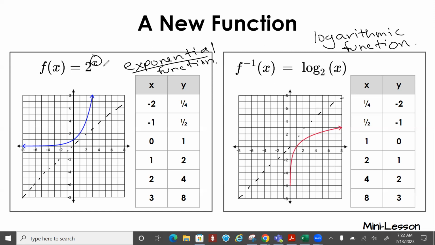So what do you notice between these two functions? Is there anything in that equation that they both share? What's the number that they both have? 2. So this has a 2 and this has a 2. What this is called is a base.